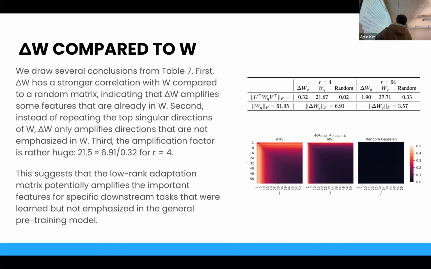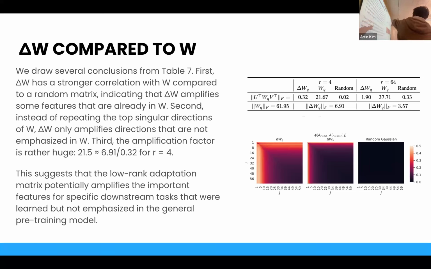But what they realized is that the delta had a stronger correlation with the original weights than random weights, which showed that the delta weights actually were pointed in the same direction as the original weights of image generation or text generation. It just happened that one of the dimensions is amplified way more than the other.